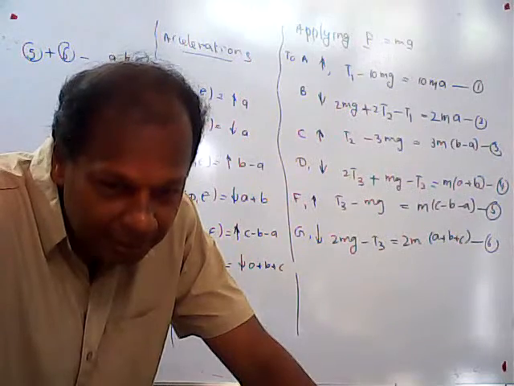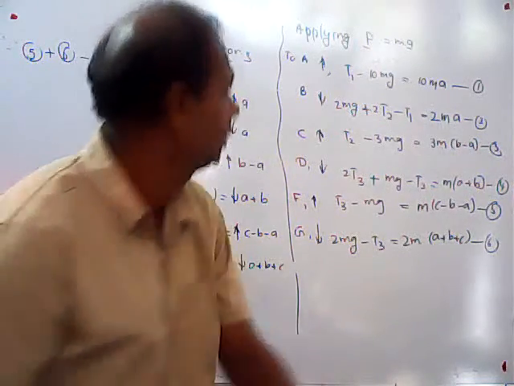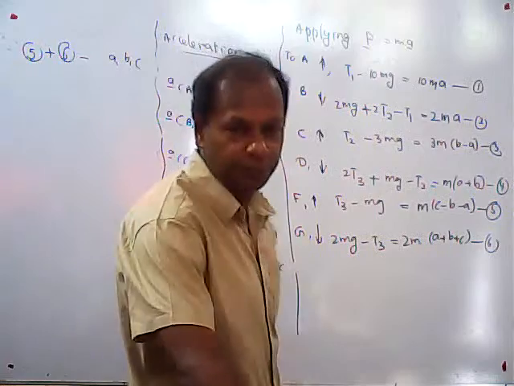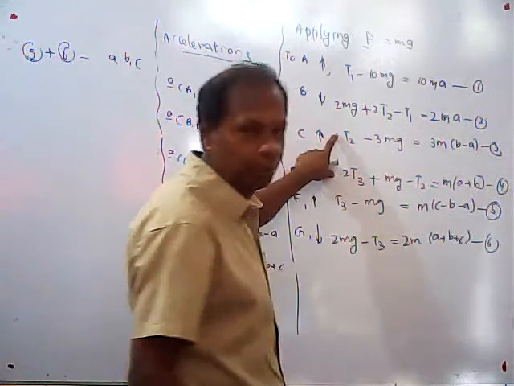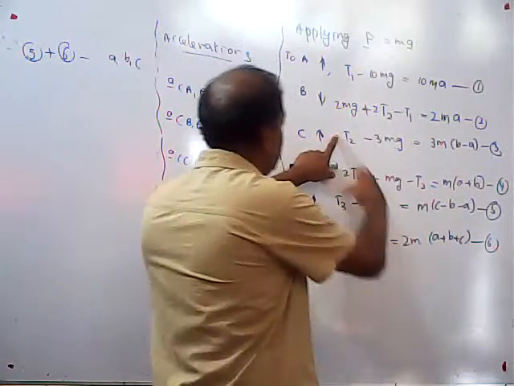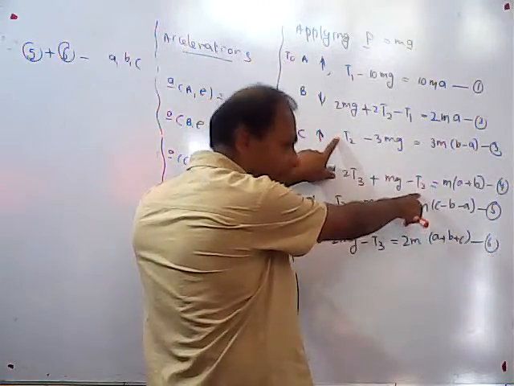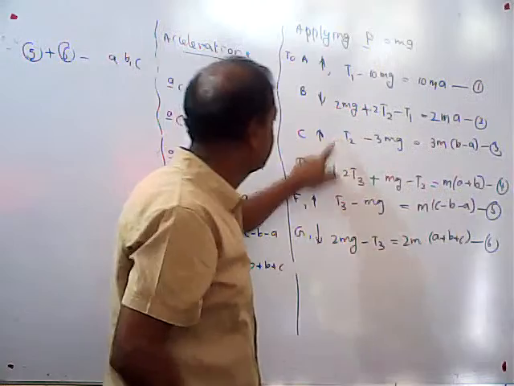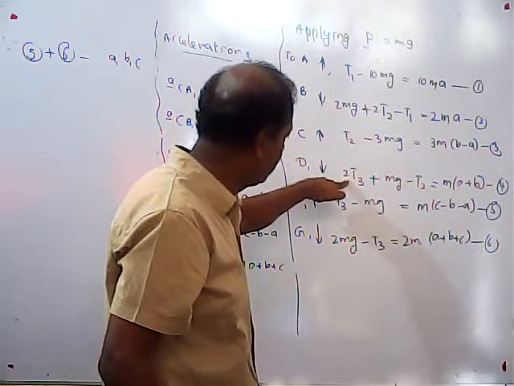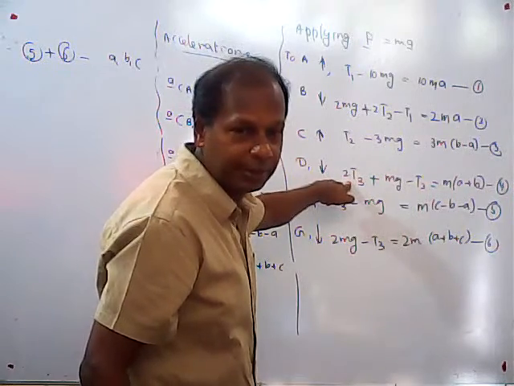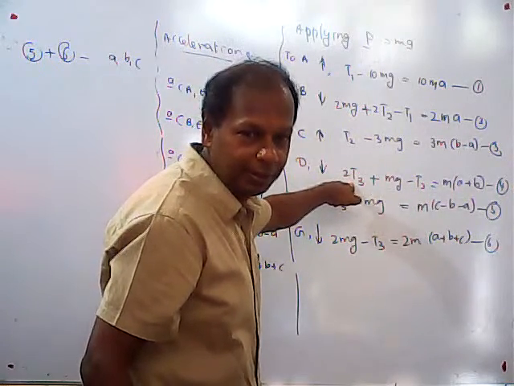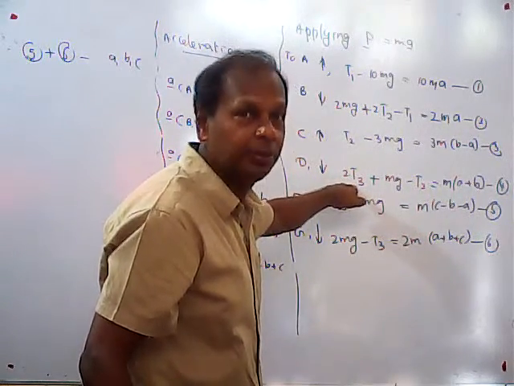Four plus 3 plus 6. Let's see. 3 plus 4. Yeah, if you add these two, T2 will cancel. Yeah, it's correct. T2 will cancel, but still T3 will remain. To get rid of T3, there is one problem, Ranindu.